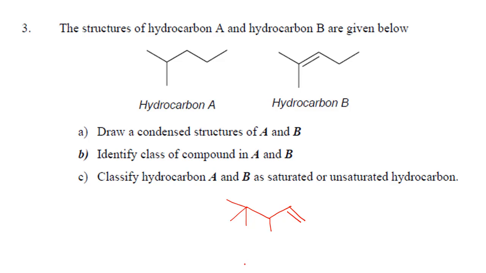First of all, what you need to know is that for a condensed structure, you don't have to show the bonds between carbon and carbon, or the single bonds between carbon and hydrogen.